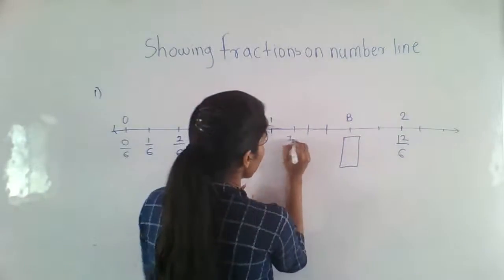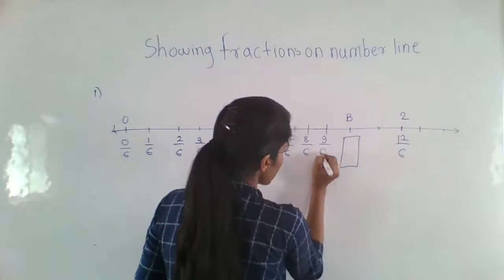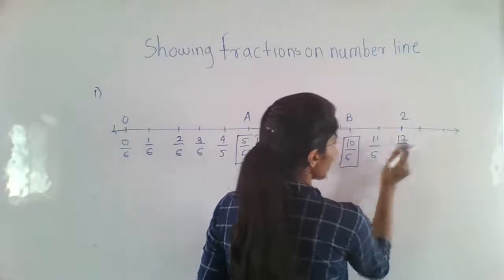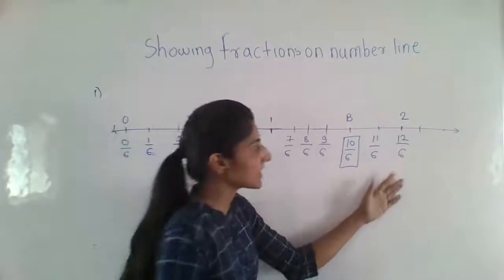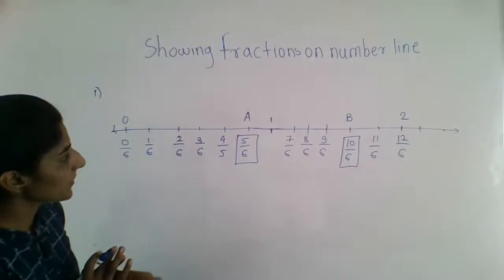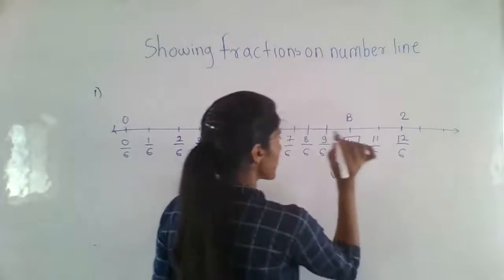Now 7/6, 8/6, 9/6, here 10/6, then 11/6, and 12/6 is automatically given here. Then you can continue further. So our A is 5/6 and B is 10 by 6.